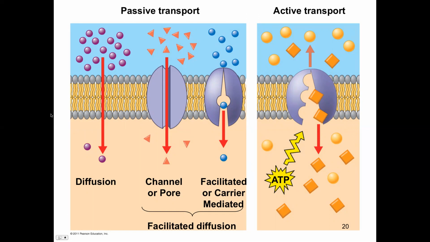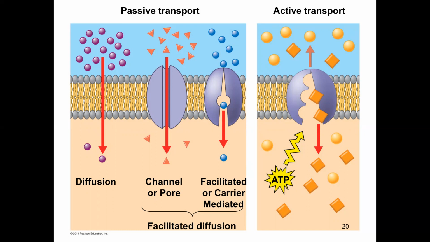So I talked about diffusion, high to low concentration, small molecules, lipid soluble, or hydrophobic. Now, if we have larger molecules, we have channels or pores that are open all the time. And then if we need, these are like gates, facilitated or carrier mediated, the protein changes shape in response to what is being transported, but it's not always open.